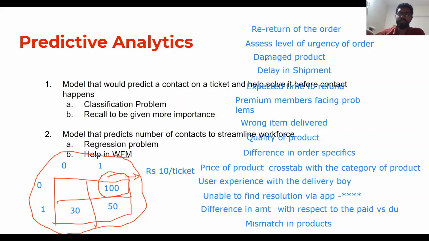So the idea is that, okay, tomorrow I am going to get 2,000 calls. It basically means that I need to look at all the tickets, and I need to have more people on that particular day to solve the tickets, right? Now in this, obviously, I won't know which ticket has a high probability and which ticket has a low probability. But given that I have more people on that day, I can probably solve a lot of tickets on that day. Okay, if that makes sense.